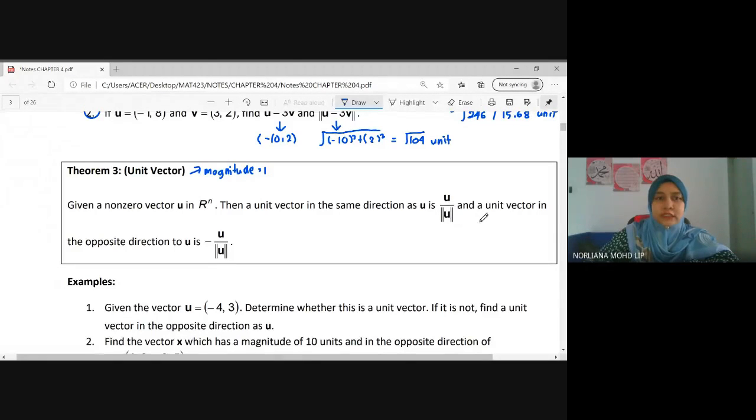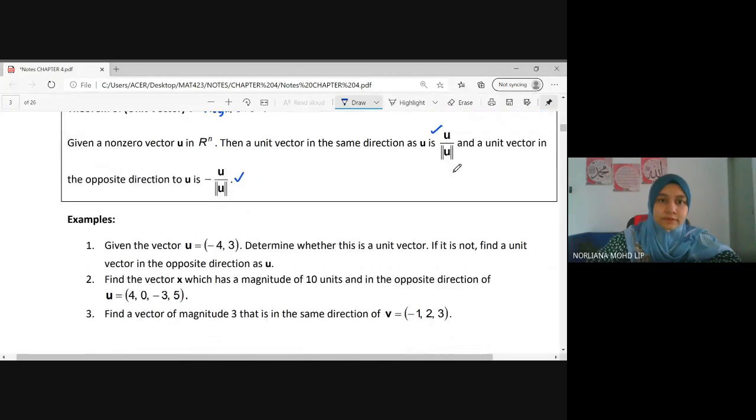And a unit vector in the opposite direction is given by negative u over the magnitude of u. We use this formula to convert if the magnitude of a vector is not equal to 1.